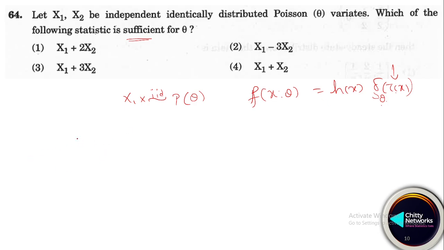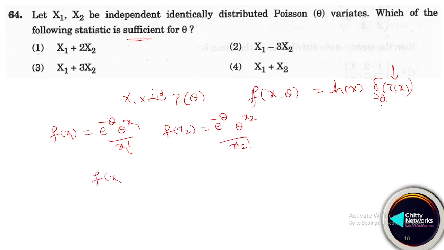Here f of x, or you can say p of x, is e to the power minus theta, theta to the power x by x factorial. Here you have two variables, so f of x1, and f of x2 is e to the power minus theta, theta to the power x2 divided by x2 factorial. Since x1 and x2 are independent and identically distributed, f of x1, x2 can be written as f of x1 into f of x2, that is e to the power minus 2 theta, theta to the power x1 plus x2 (the base is the same, so powers can be added) divided by x1 factorial into x2 factorial.